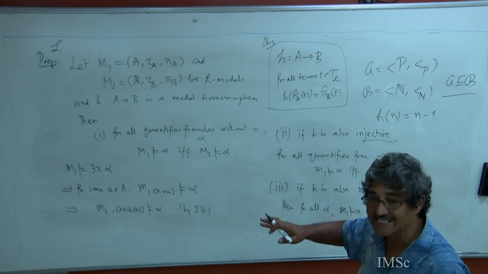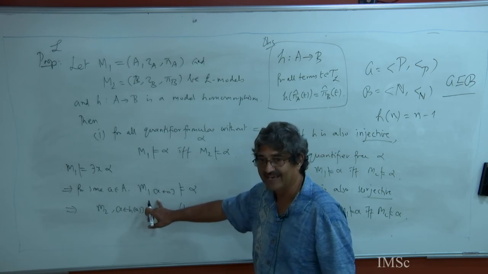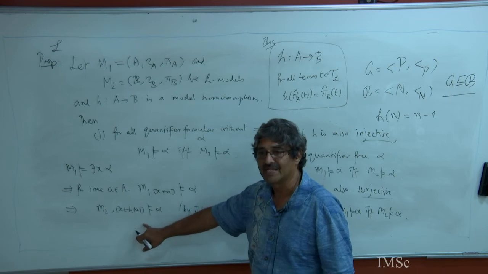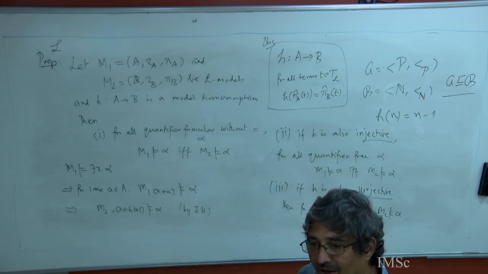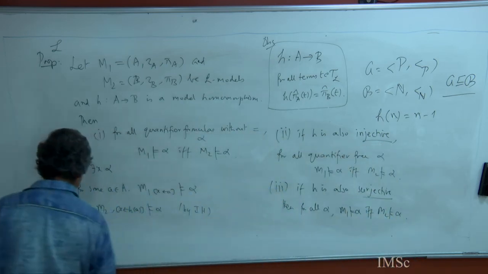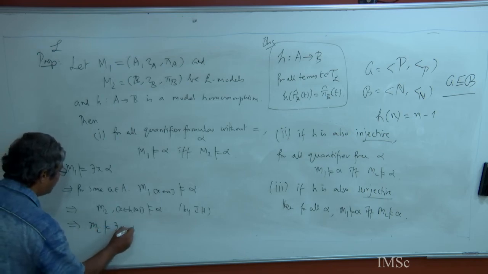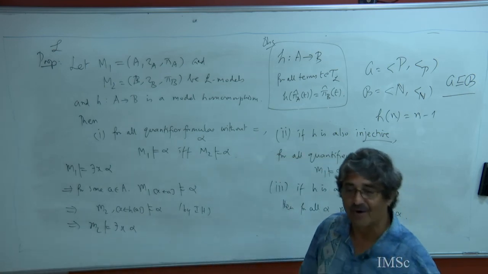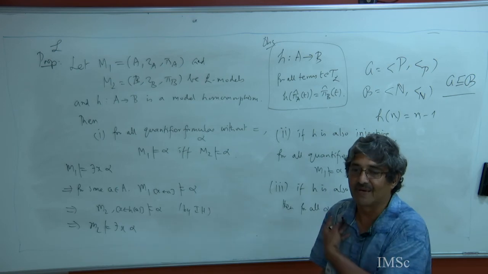Now you gave H and I have extended H to an H prime, mapping the element A appropriately to H of A. The variable that I am looking at is mapped appropriately, and this implies M2 satisfies there exists X alpha. Now it's clear again that going from M1 to M2 you don't need any assumption, but M2 to M1 will require surjectivity.